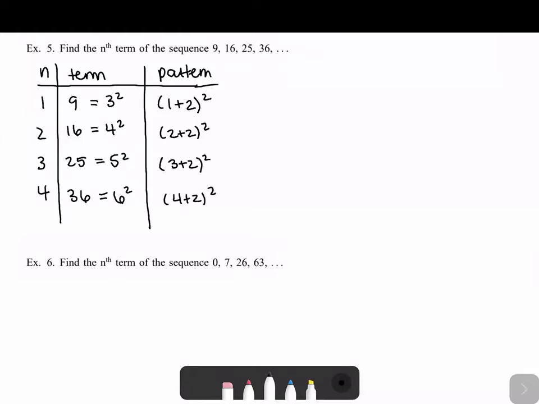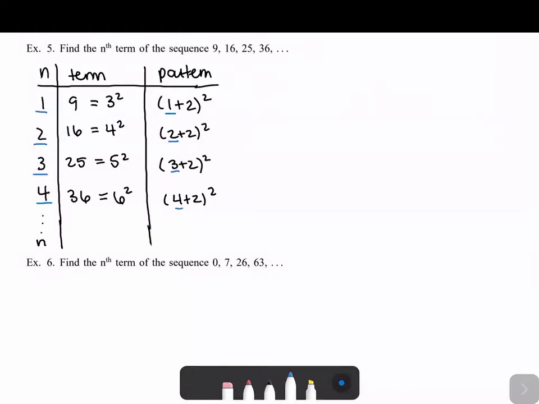So we can generalize this pattern and get to our nth term. So we know that for each of these in our pattern, the thing changing is this number that we are adding to 2. And so that number exactly corresponds with the n position in our table.